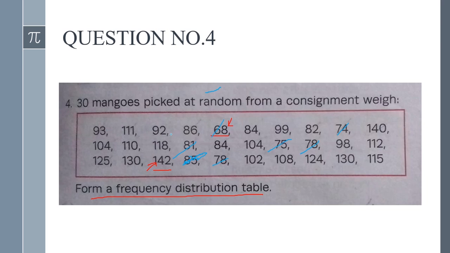So we have 1, 2, 3, 4, 5, 6, and then this one 82, this is 7. सो हमने वो सारे नंबर्स इस डाटा में से कलेक्ट कर लिए हैं जो हमारे 68 से 82 की रेंज में फॉल करते हैं. सो व्हेन वी काउंट देम दे आर टोटल 7.